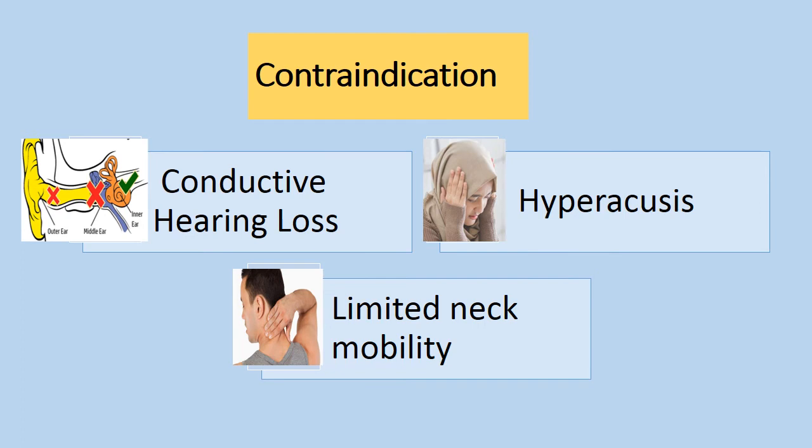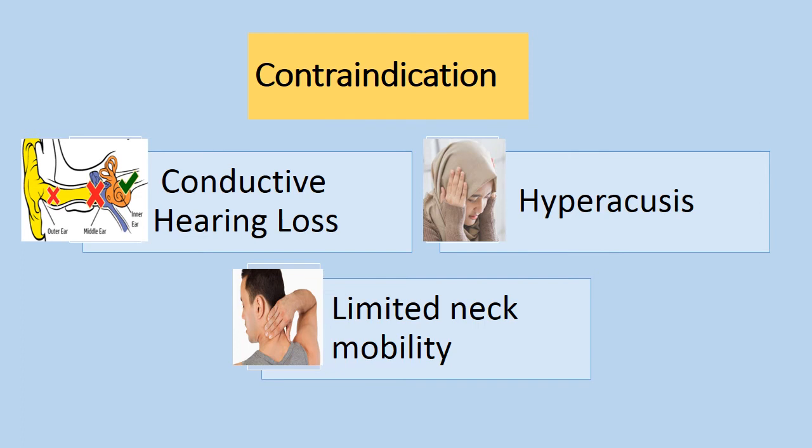For conductive hearing loss cases, bone-conducted vibration will be the best option as the stimulus because it bypasses the air conduction pathway. Bone conduction stimulus is also suitable for patients with hyperacusis, as bone conduction gives a lower auditory sensation level as compared to the high-level tone stimuli used in air conduction testing.